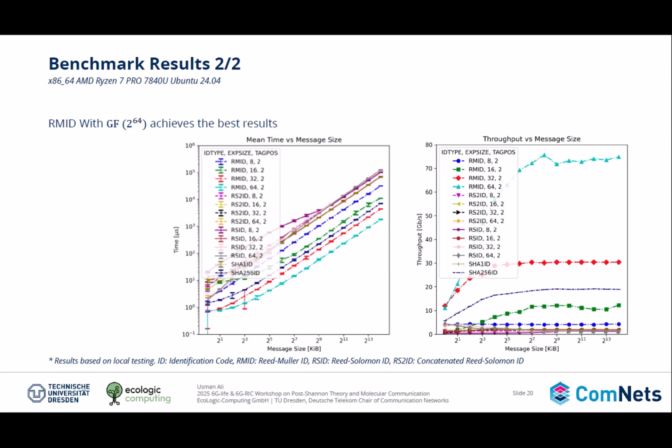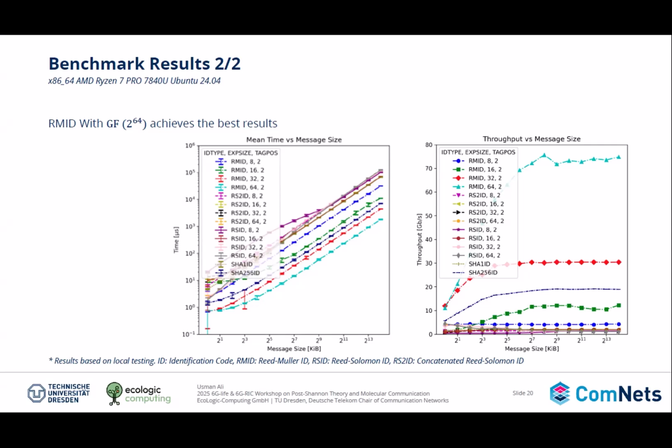Just as one final comment, I think it's maybe not important whether SHA-256 runs at 3 gigabits per second and Reed-Solomon runs at 2 gigabits or 4 gigabits. I don't think this is really important because, as Usman already said, it really depends on the platform you run it on, and maybe you don't want to run 64 bits but only 32 bits, then it varies.